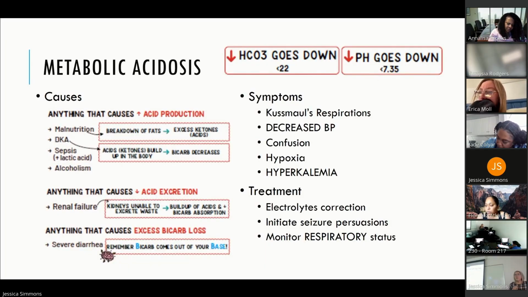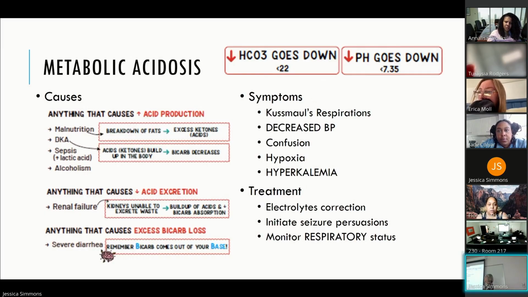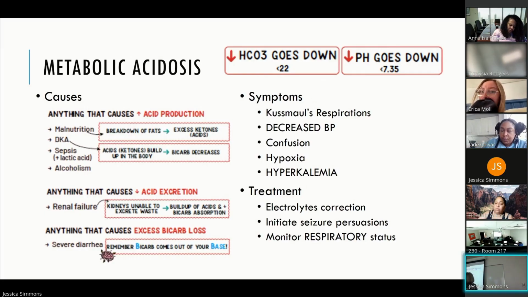So now we have metabolic acidosis. So we've moved on to the what organ system? What organ system is responsible for metabolic? The kidneys. Thank you. So the causes are anything that causes increased acid production.